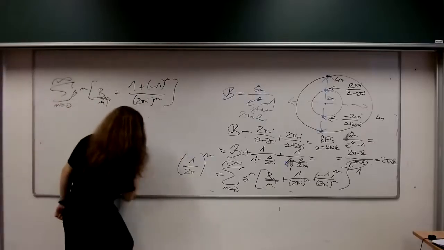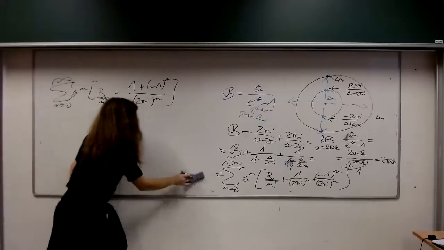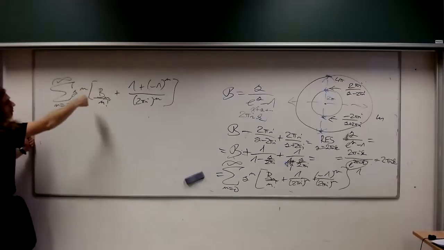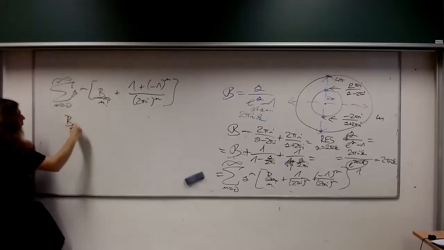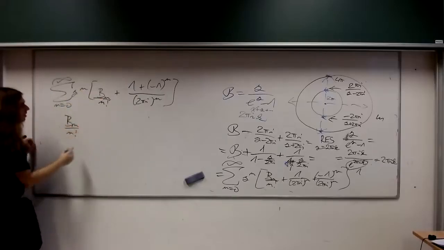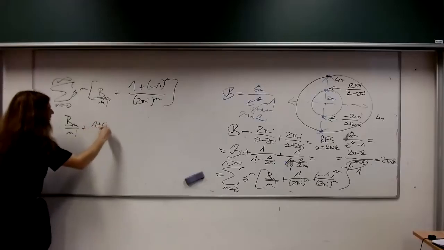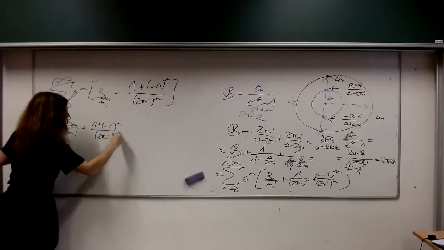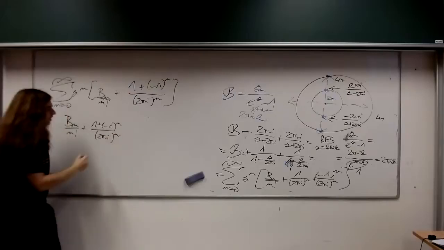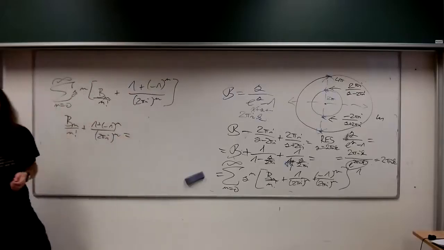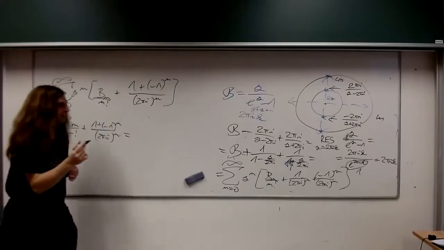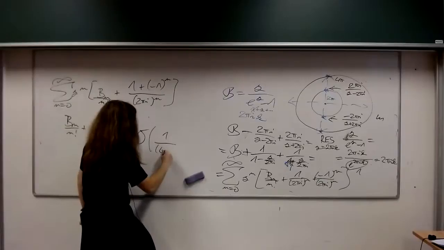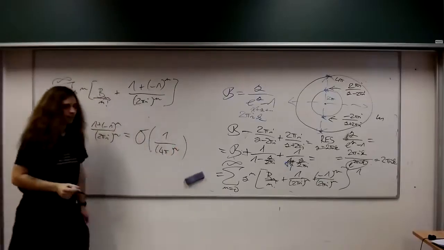And now we will just repeat the same trick as before. So here we have that this coefficient, Bn over n factorial, plus 1 plus minus 1 to the nth over this. After doing just the same trick with the Cauchy-Hadamard formula, we get that this is O of 1 over 4 pi to the n.